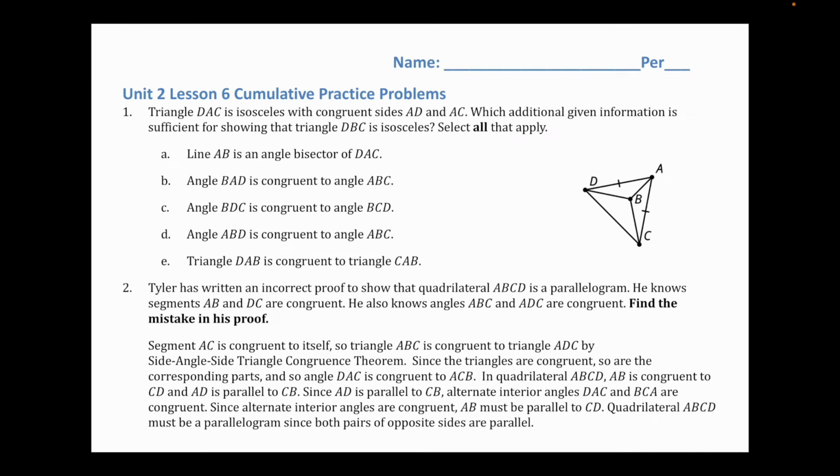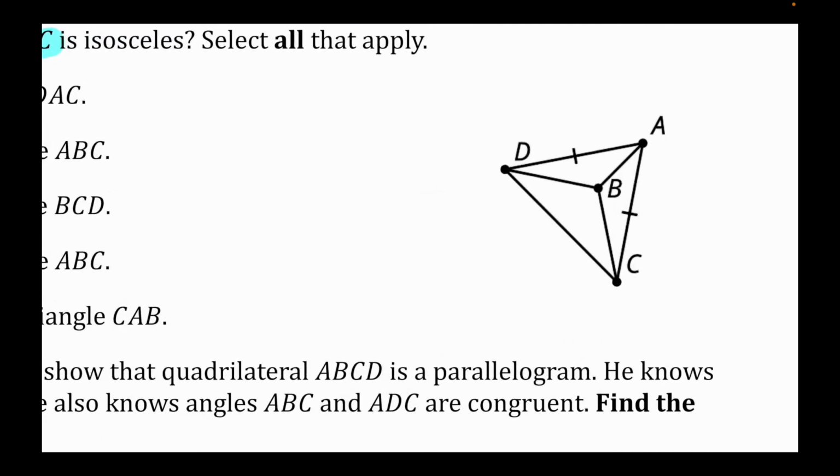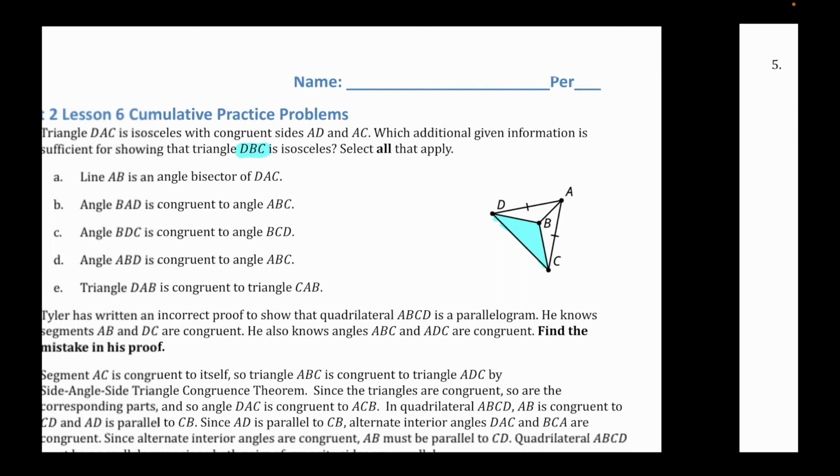For our first question, they're asking what information is needed to show that triangle DBC is isosceles. DBC is this triangle right here, and to show it's isosceles, we want to show that DB and BC, this line and this line, are congruent. That's our goal.